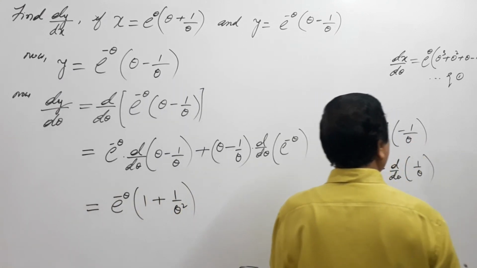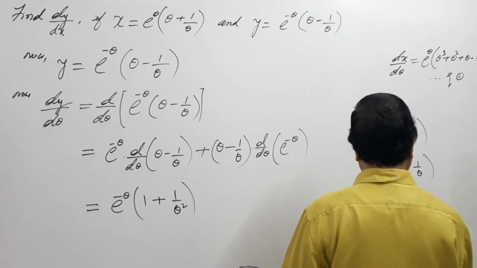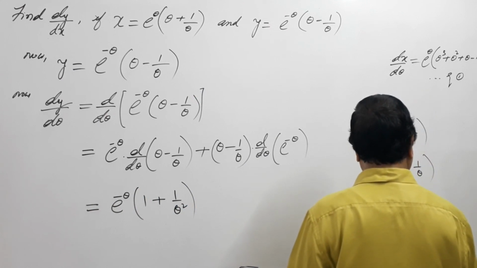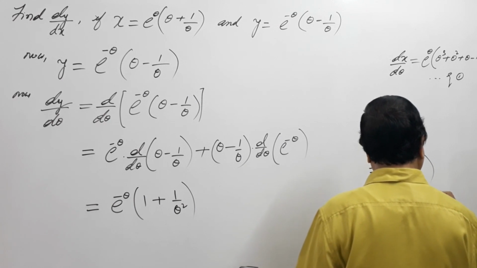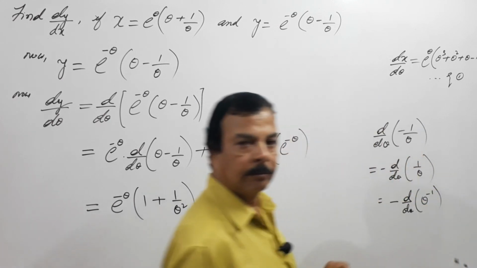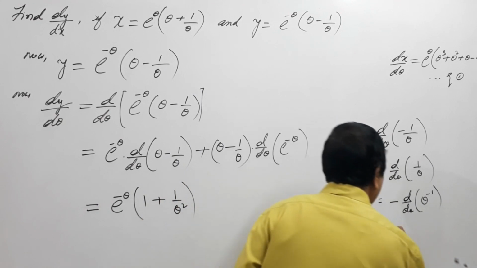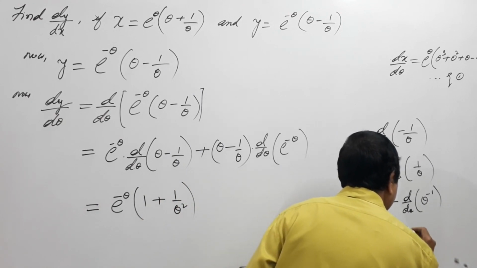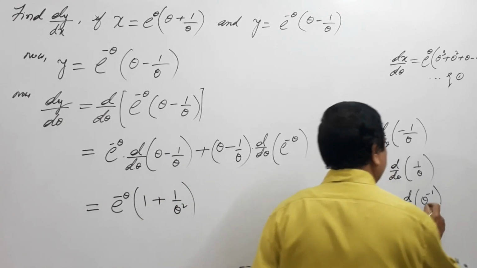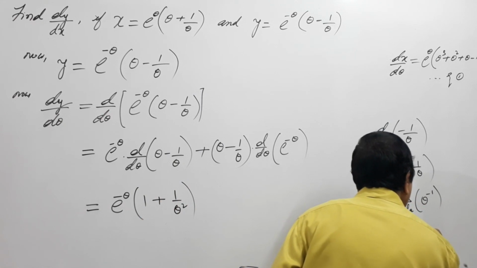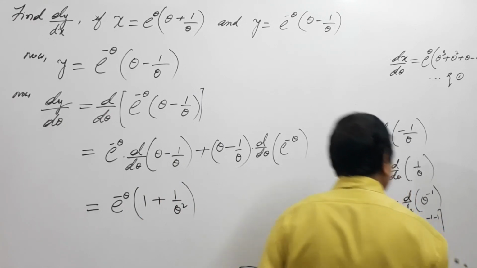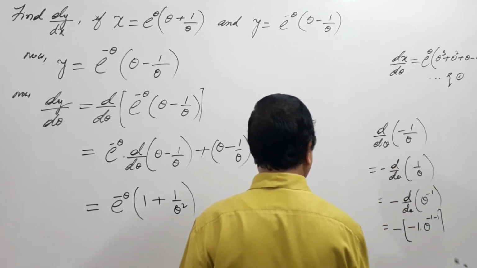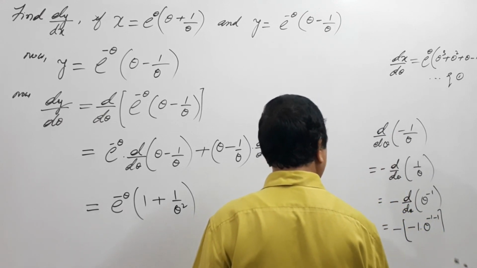So this is nothing but minus d by d theta of theta to the power of minus 1. Done. So this becomes minus, differentiating this, minus 1 into theta to the power minus 2, correct? So this is nothing but minus and keep it outside.